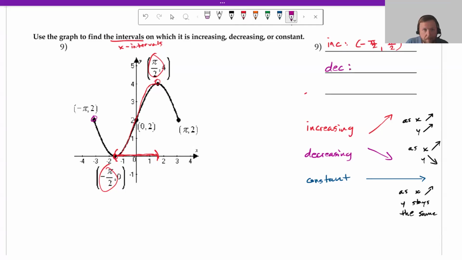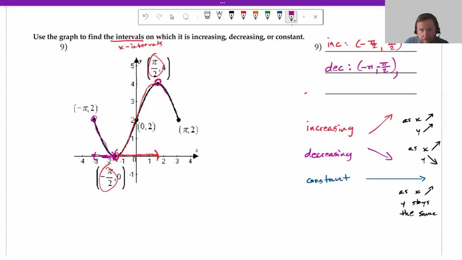Okay, and then from negative pi to negative pi over 2, so we can see from here to here. And then you use a comma to separate these results. You're not going to use a union symbol.